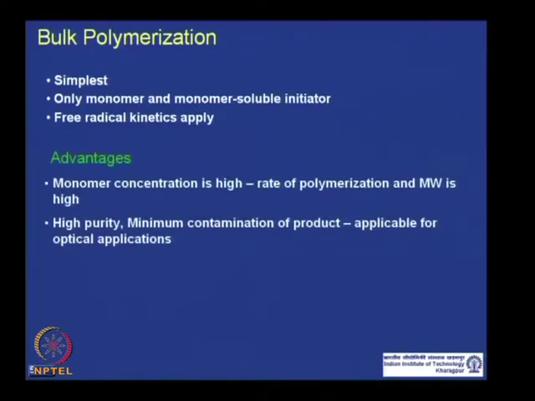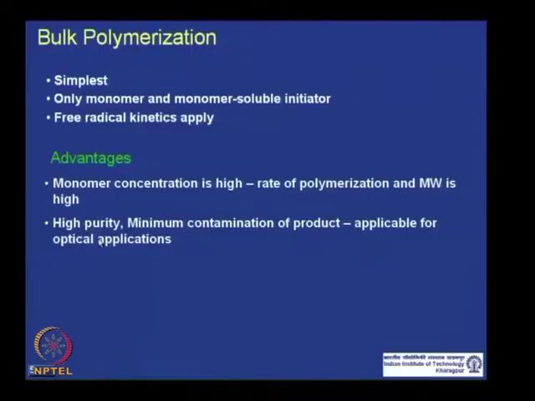We have seen that the polymerization rate as well as the molecular weight goes up with increase in monomer concentration, which is not true for initiator concentration. If you increase the initiator concentration, rate goes up, but the molecular weight comes down. You remember the discussion we had just a few minutes back.